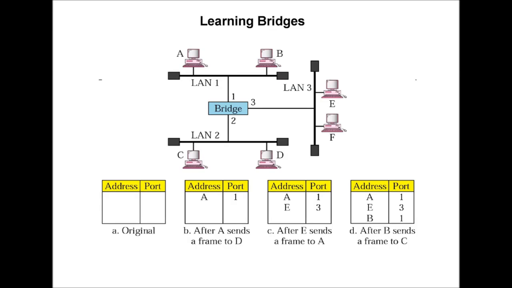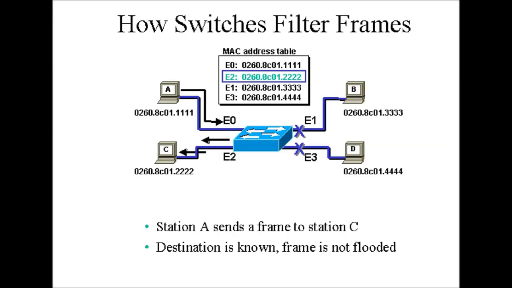So this is the process called the learning process of bridge, in which the bridge receives the physical addresses as well as port numbers, and the entries of physical address and port number are saved by the bridge in its bridge table.